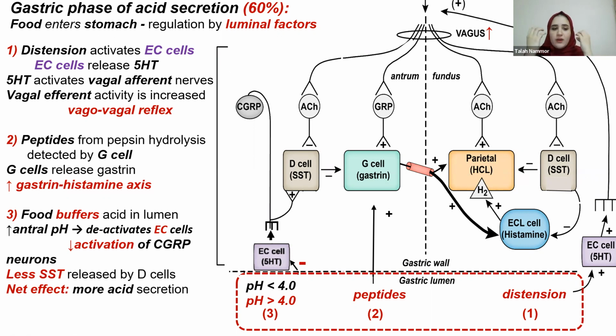The food buffers the acid, as we can see here. So the pH is going to go higher. It's not going to stay at 4 and below; it's going to go towards alkaline. Is this clear? So when the pH increases and becomes more alkaline, this will inhibit those enterochromaffin cells from releasing serotonin. Therefore, it will inhibit the activation of SST.